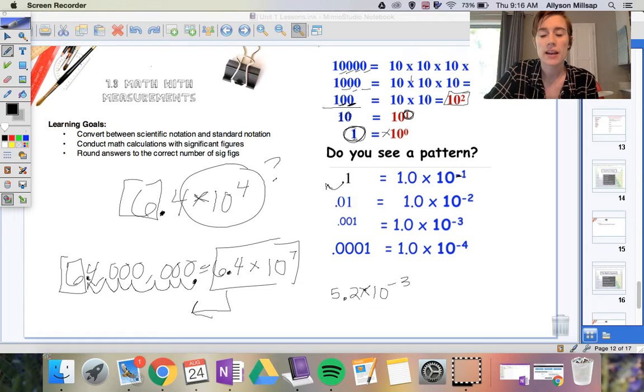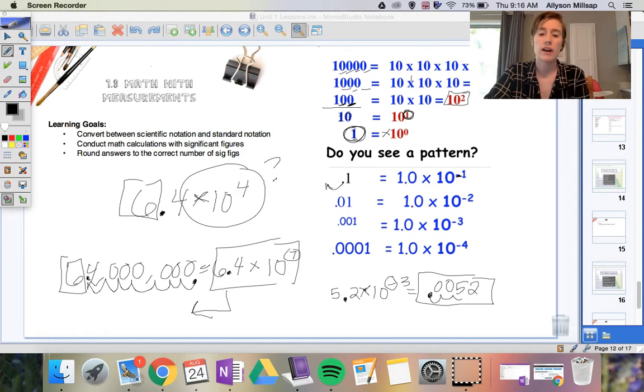That means that it's now a smaller number. So think negative means a smaller number, positive means a bigger number. So to make this a smaller number, I'm going to move my decimal 3 places to the left because I want to make a smaller number. So here's 5, 2. The decimal was here, so 1, 2, 3. I moved it 3 spots. And so this is the new value.